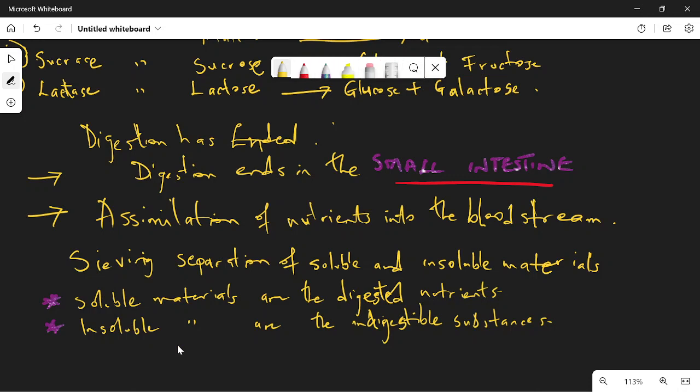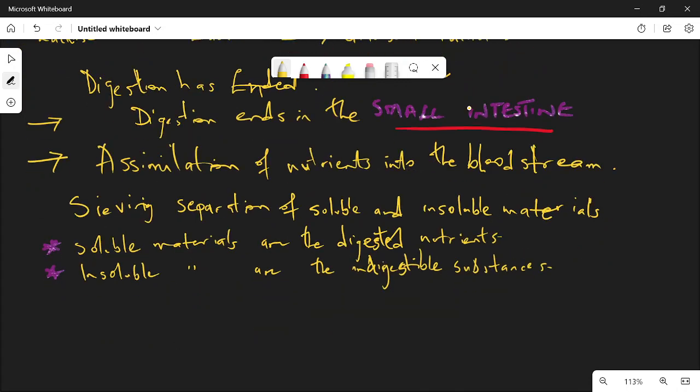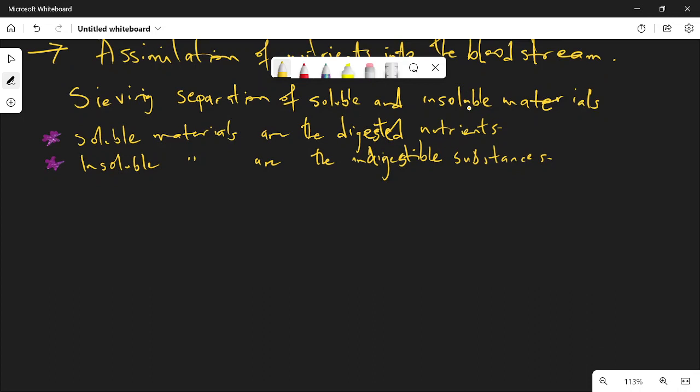We have sieving separating two substances. For example, if you have water mixed with sand, you can quickly use a sieve to sieve out the sand, giving you your water separate from the sand.